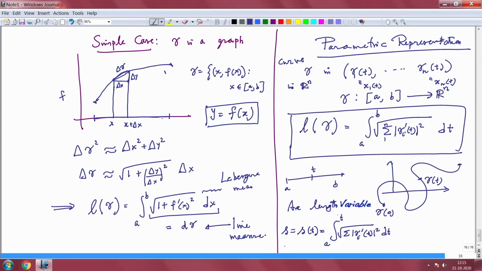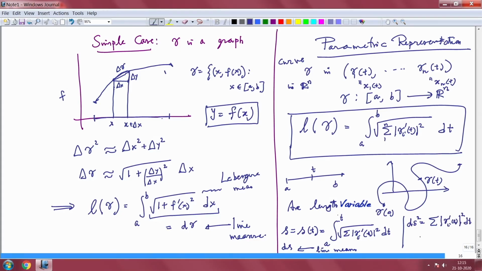So, ds is your measure, the line measure basically. These are all symbolic representations. So, you can write symbolically ds squared is equal to the summation of gamma i prime t squared dt squared.